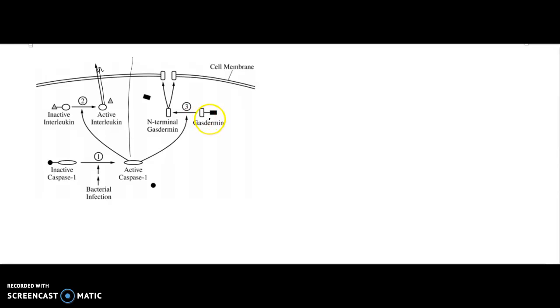It turns Gasdermin into N-terminal Gasdermin. And then that N-terminal Gasdermin can come up, embed itself in the cell membrane, and become like a pore or a protein channel here. So this doesn't actually leave the cell. It incorporates itself into the cell membrane, becoming a pore or a protein channel that will likely allow other things to move in and out of the cell. This diagram doesn't tell me what that is. It stops there.